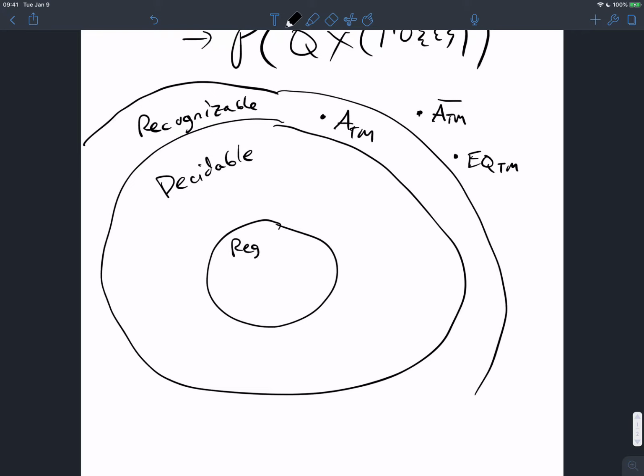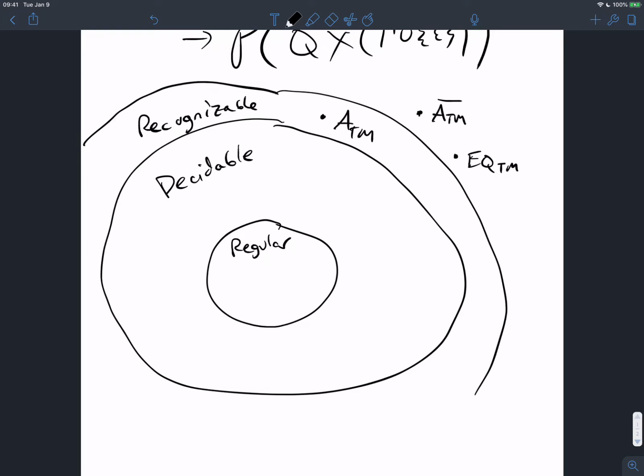So let's put regular in here. We talked about various different models for regular languages: DFAs, NFAs, regular grammars, and regex. Then what did we do when we talked about regular grammars? We tried to generalize them to what kind of grammars?